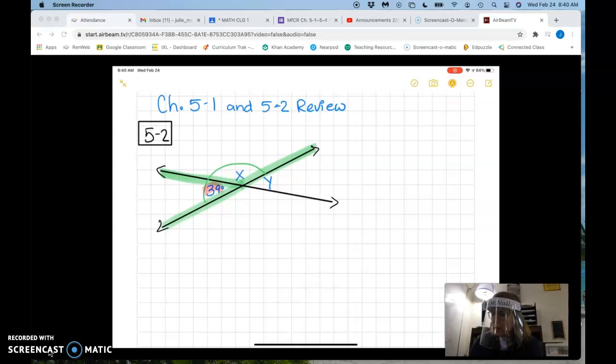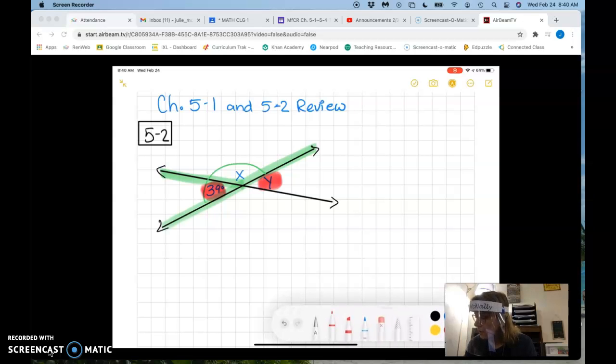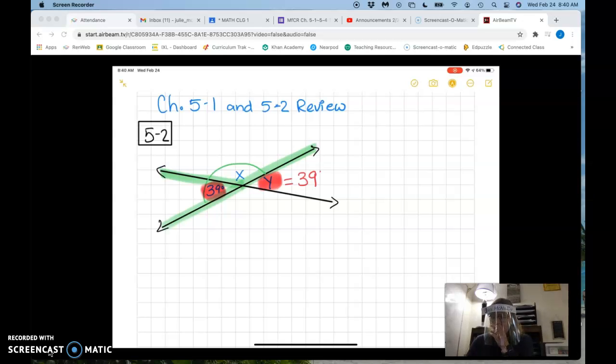Okay, because 39 is going to be equal to this one because they are vertical. They're opposite each other. So what does y equal? 39. And then how do I find what x equals? Okay, so 180 minus 39, 141. Nice. So x is going to equal 141 degrees.